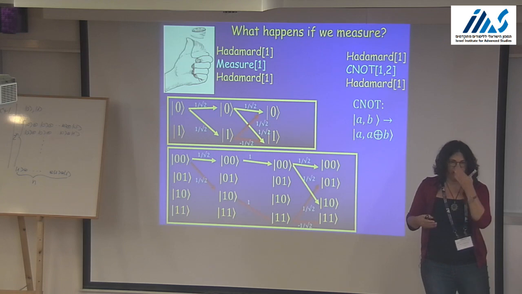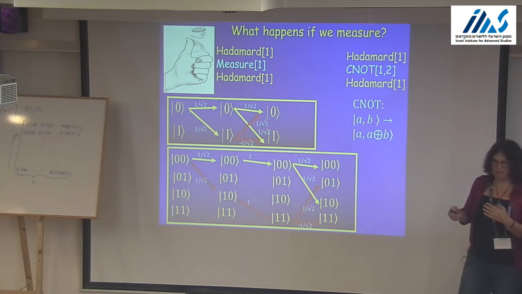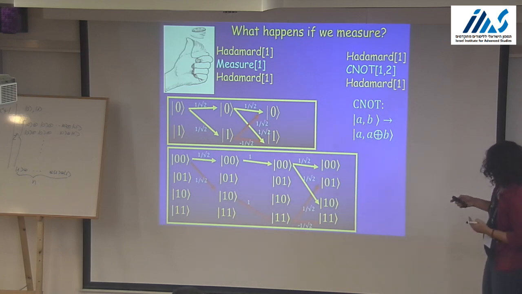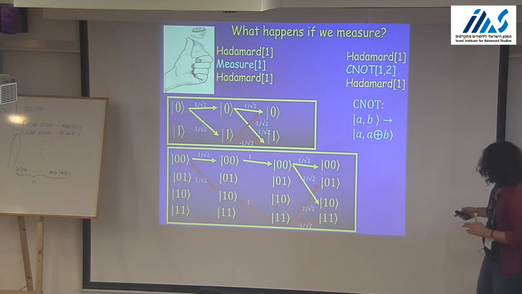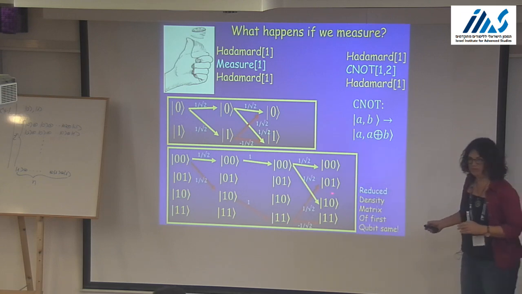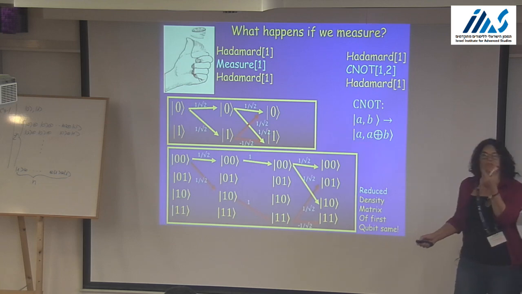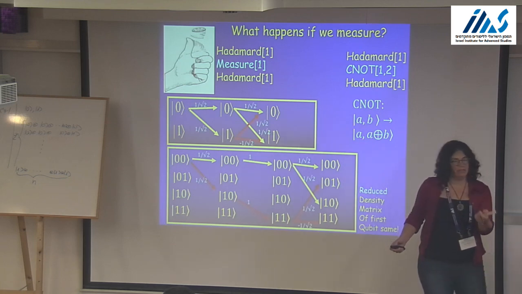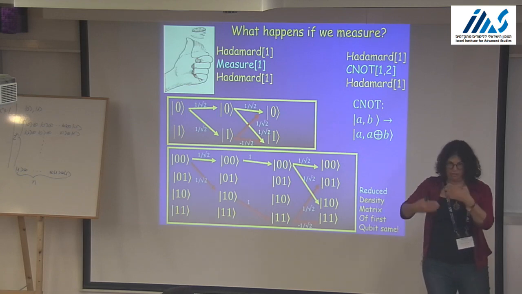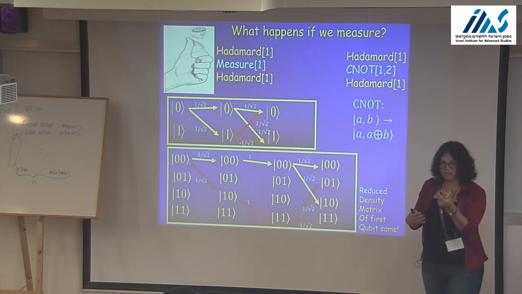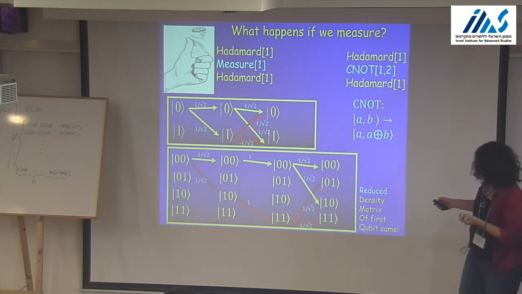And therefore one can actually show, and we will show that in the problem set, that the effect of this thing and a measurement is exactly the same. The way to show it is using the reduced density matrices formalism, which will look at the first qubit, the leftmost qubit, and say the density matrix, the mixture over random pure states describing the first qubit, is the same in this case as in this case.